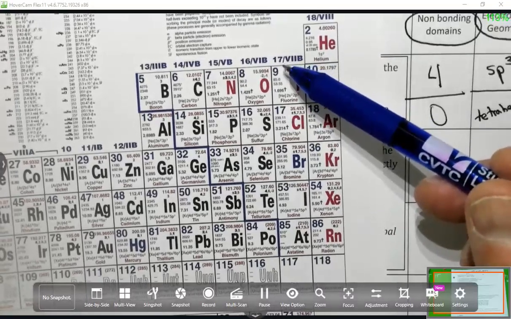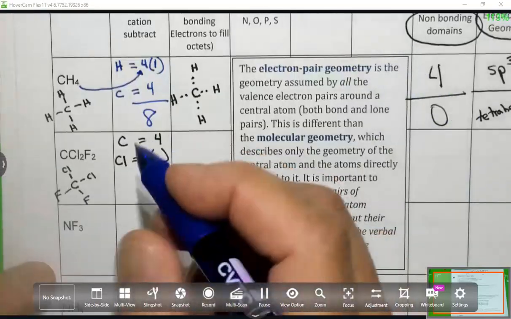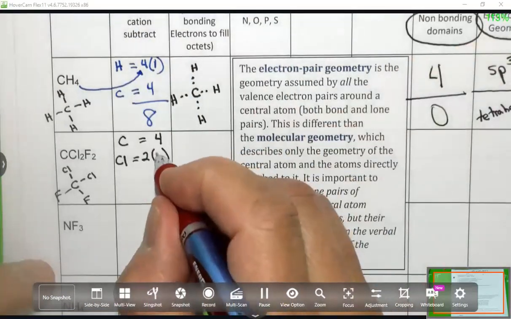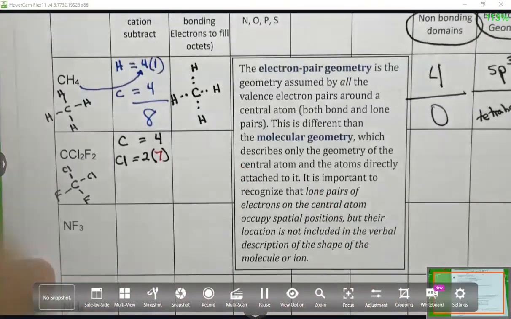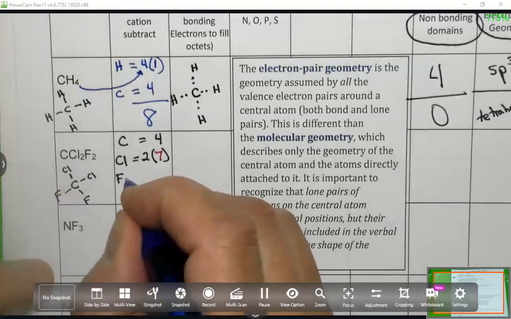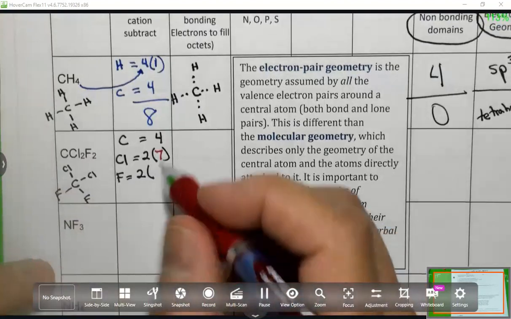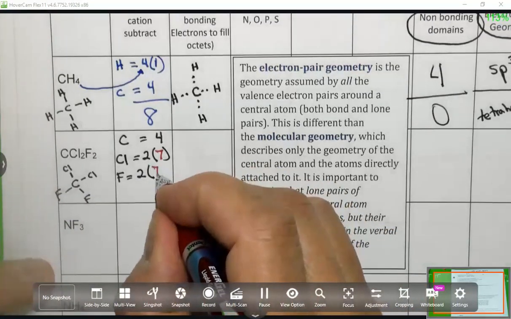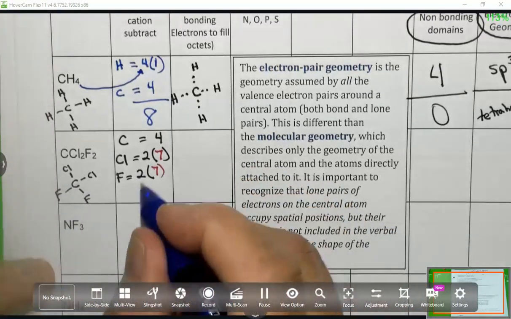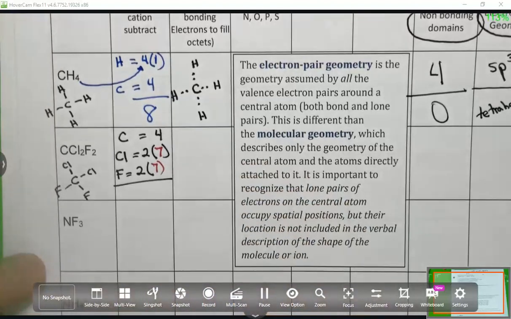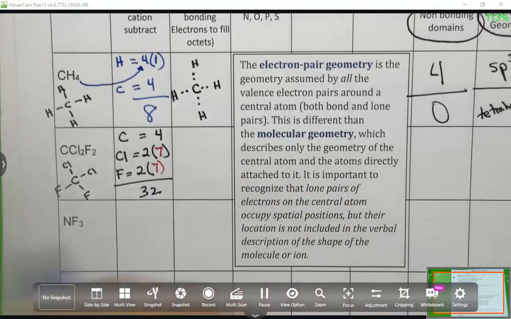So chlorine has 7 valence electrons. Fluorine. 2 fluorines times 7 again. So my total valence electrons here, 14, 14, and 4 is 32, right? 32.